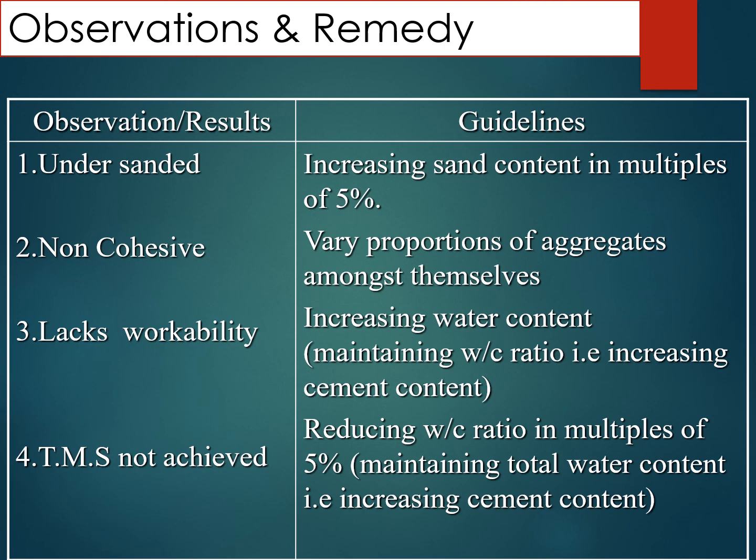If TMS, that is target mean strength, is not achieved, then reducing the water cement ratio in multiples of 5%, maintaining the total water content or increasing the cement content, is the hopeful proposal to achieve the TMS for the required mixtures.